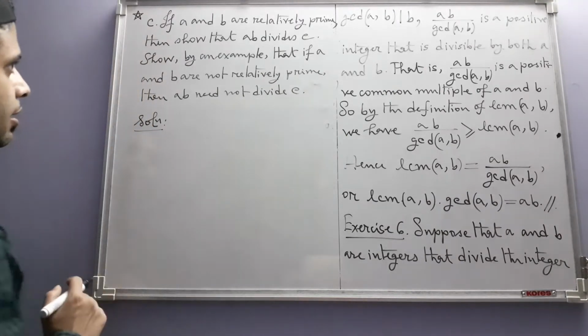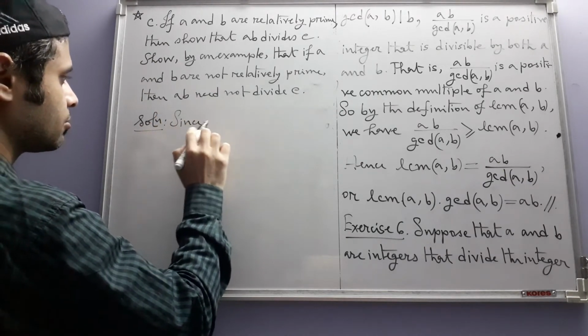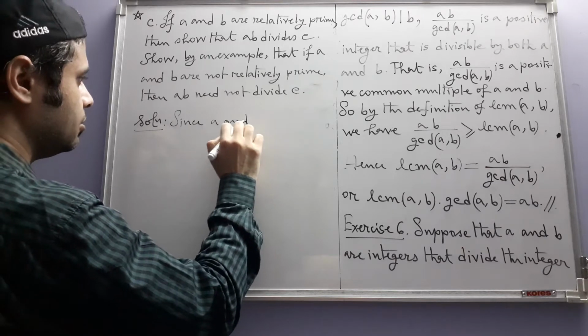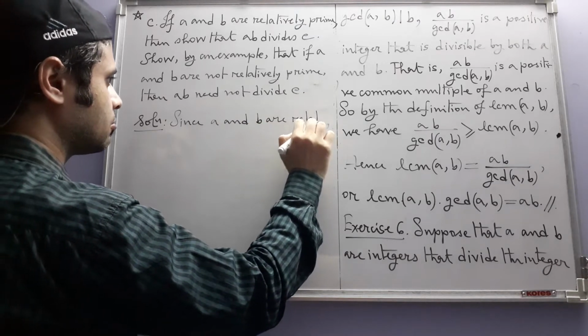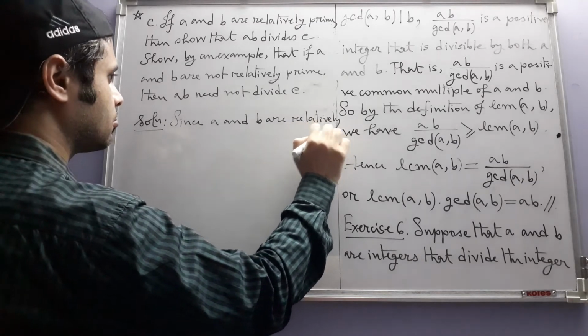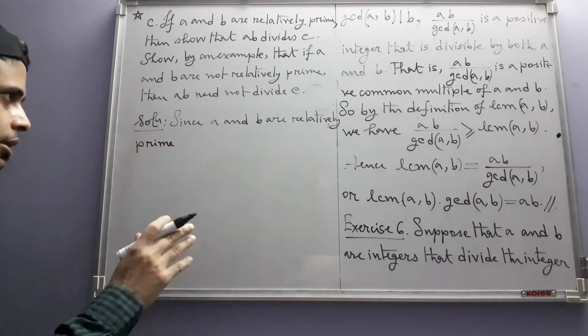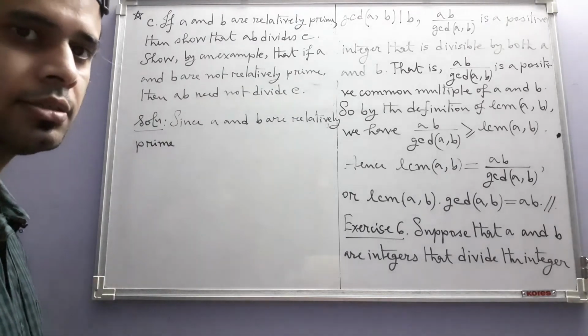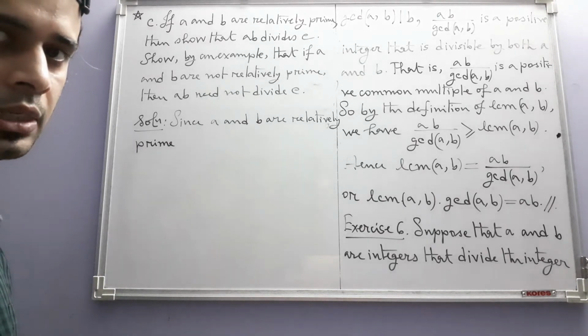Here also we start like that. Since a and b are relatively prime, the definition of relative primality is two integers are said to be relatively prime when their GCD is 1.